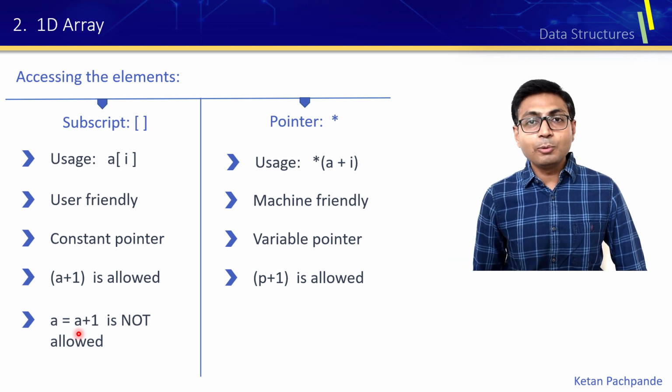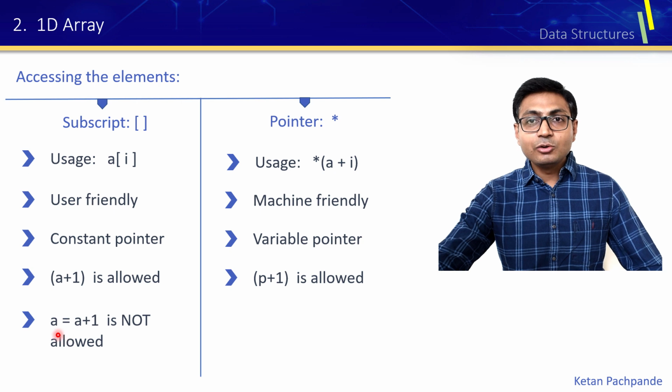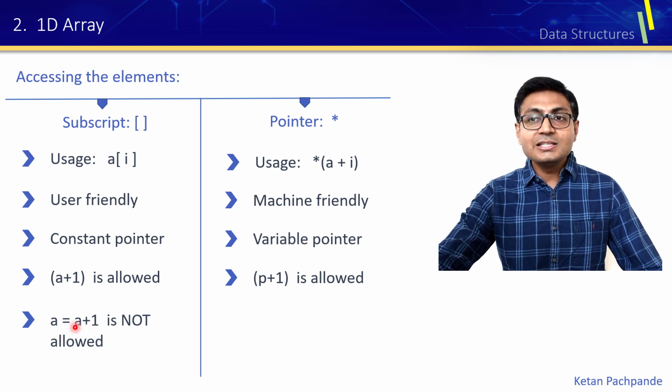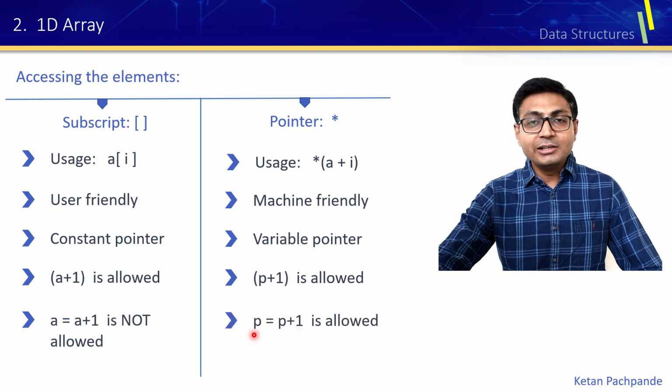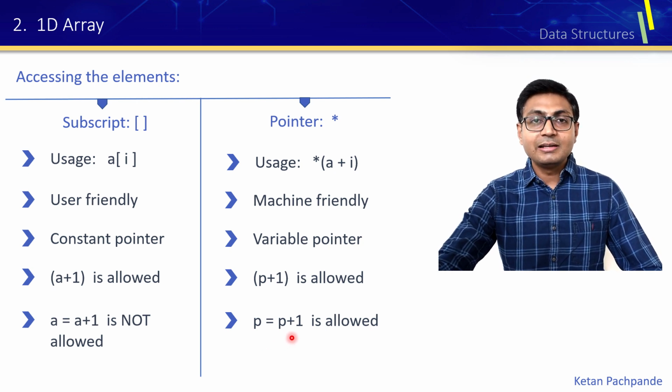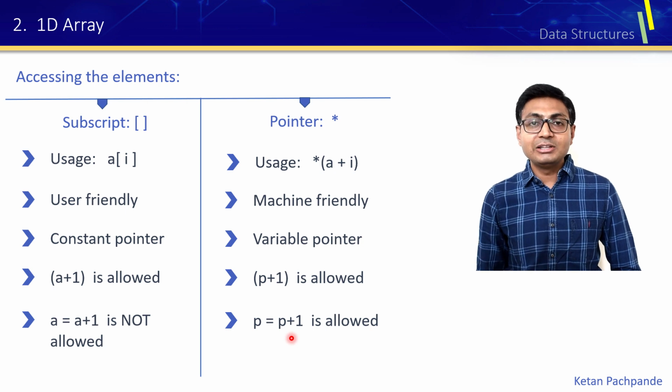And what is that constant pointer? The name of the array itself. So you cannot do A is equal to A plus 1 if A is the name of the array. But certainly, if P is a variable pointer, you can always change its value. You can say P is equal to P plus 1 and then access the next element with the help of P.